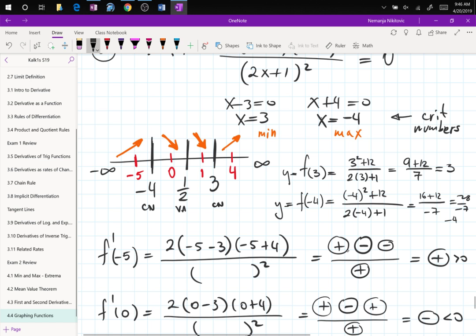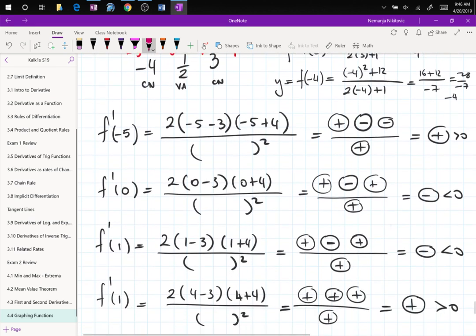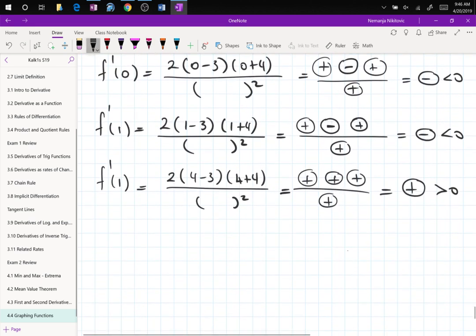Well, how convenient. We have 3 point, which is a min. And we have negative 4 as a point, which is a max. So these are pieces of information we're going to use to graph. Great. Second derivative test.